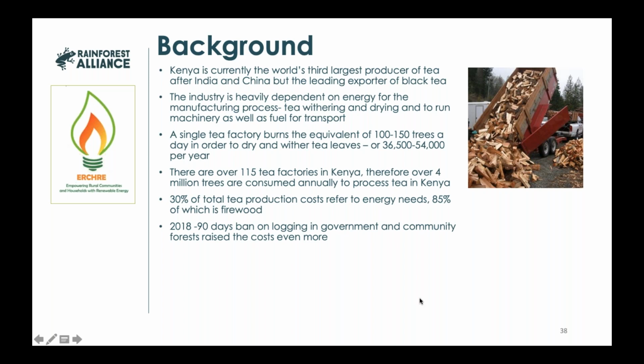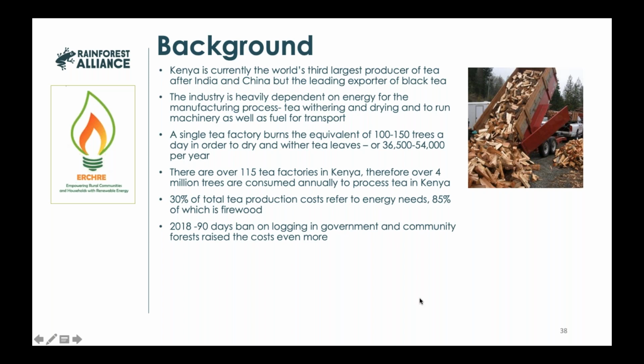We would like to change this narrative by providing an alternative fuel for tea processing. And in this case, we are running a project which is aimed at changing the minds of tea producers into shifting partially, not 100% at the moment, but a partial shift of firewood use, replacing it with biomass briquettes.